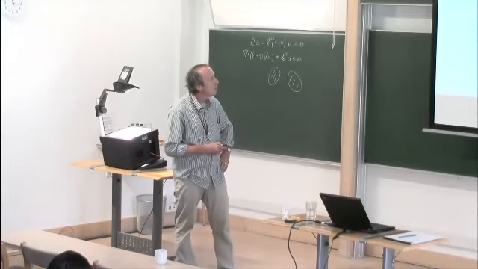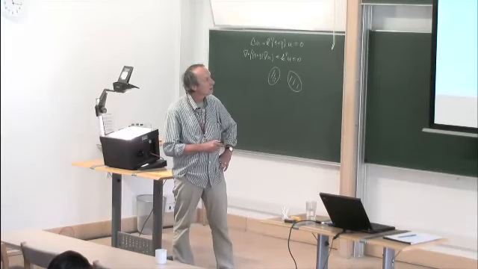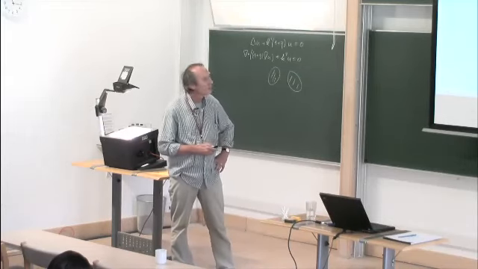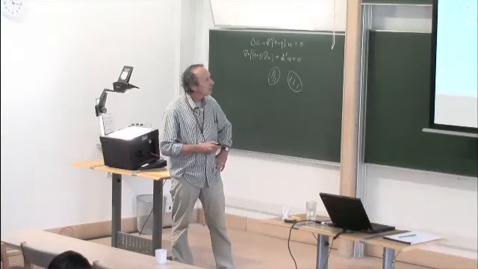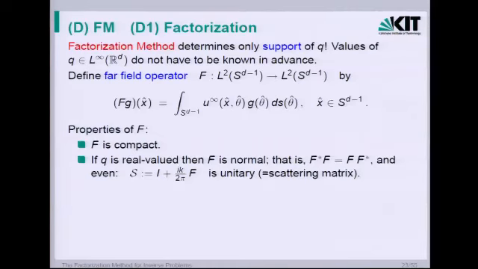This is well known. This operator is certainly compact. You have a compact integration, and the kernel is smooth. And we assume that Q is real valued in my talk. I will concentrate on that part. And then F is normal in the functional analytic sense.